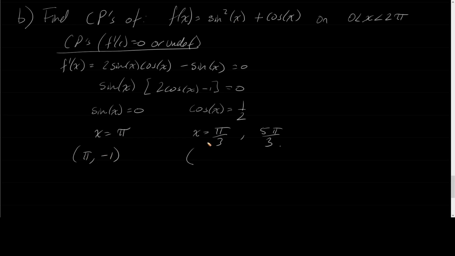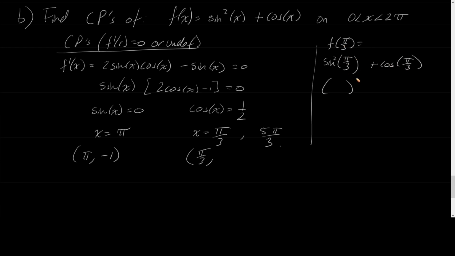Plug in pi over 3. Well, what do I get? Let me actually do it on the side here. It might be a little harder to keep track of. This is f of pi over 3: sine squared of pi over 3 plus cosine of pi over 3.